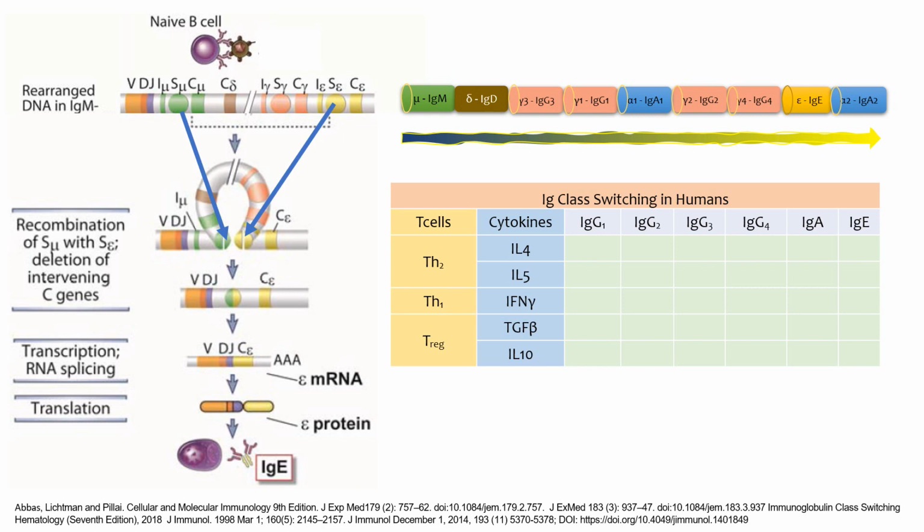So what I found was basically, as an example, a Th2-driven response that secretes interleukin-4 will favor isotype switching to IgG1, 2, 4, and IgE. The interleukin-5 secretion by a Th2 phenotype will actually stimulate the switch to IgA.